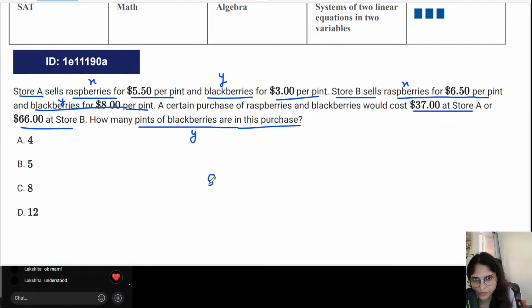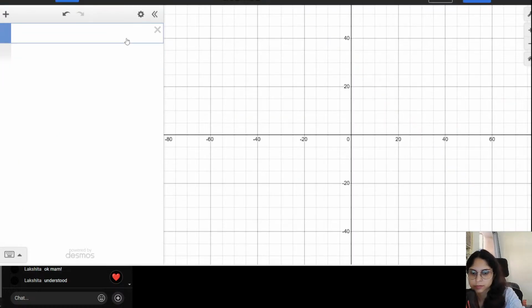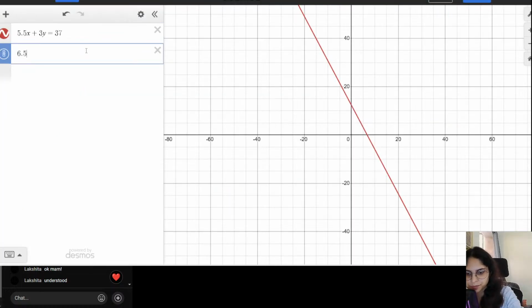Cost is given, so 5.5x plus 3y is 37. And now 6.5x plus 8y for store B equals 66.